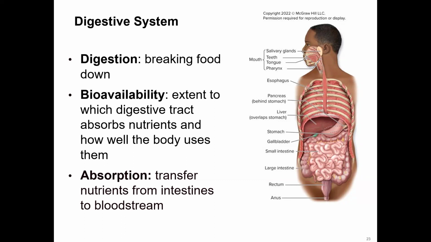But certain things don't transfer as quickly as others. Certain nutrients don't pass from the intestines as quickly into the bloodstream as others. So there are certain diseases or illnesses that slow down or inhibit the bioavailability of the nutrients.